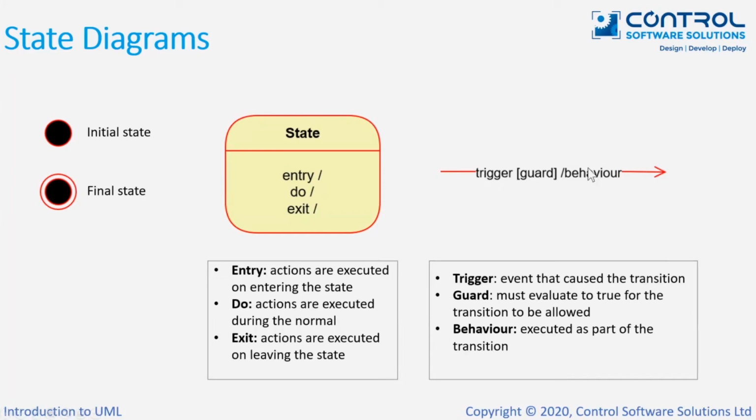But the behavior of the transition might be stop all outputs. So we can put some quite simple notation on that wire and give people quite a lot of information about what we want to happen.